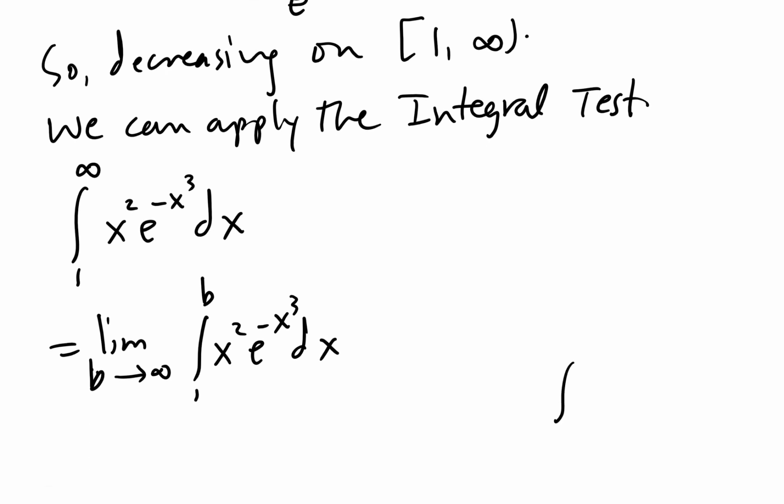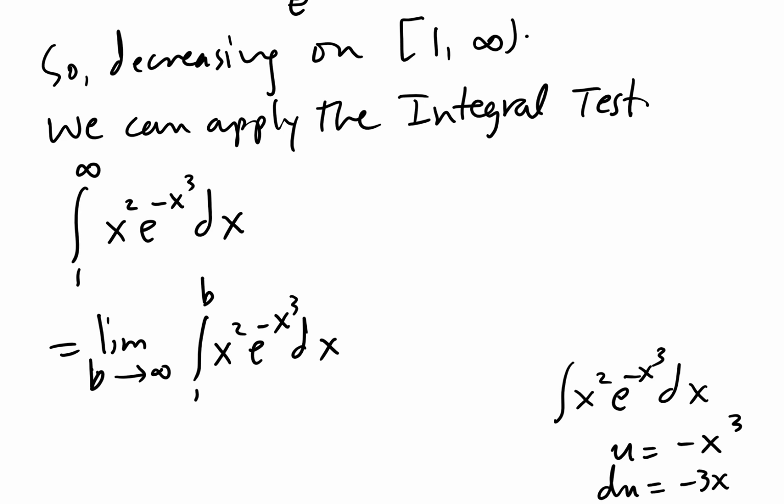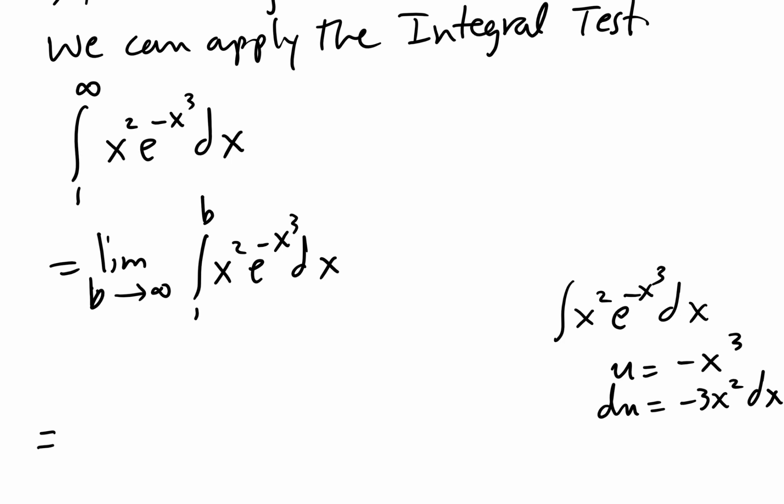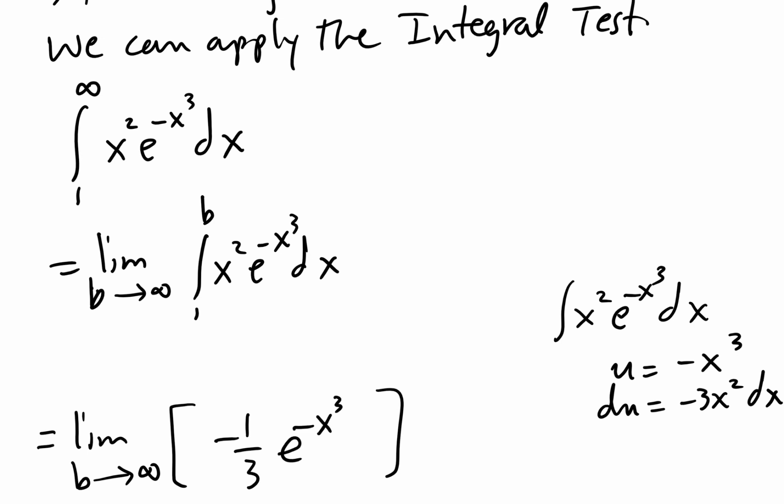On the side, you can do the integral for this. I believe u substitution will take care of it by taking u to be negative x cubed, and du is negative 3x squared dx. Assume everyone can integrate this. After we do the integration and all the substitution, we're going to get negative 1/3 e to the negative x cubed from 1 to b.